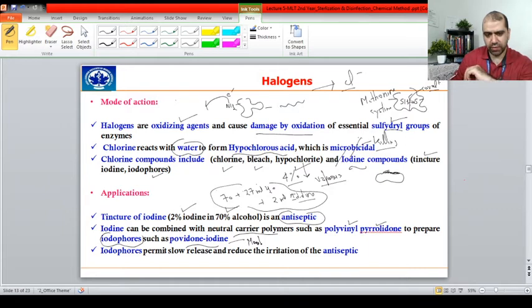So if somebody is having inflammation of gums, a doctor prescribes a gargle or a wash, and that has povidone iodine in it. It's dark brown in color, as iodine usually has a dark brown color.